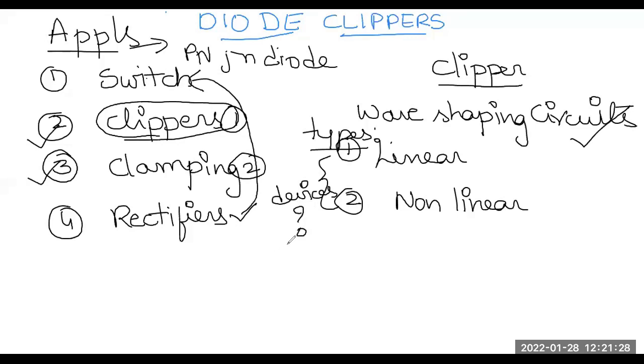It is very simple. If the devices are exhibiting the linear portion of the characteristics, they are called linear devices. If the device is exhibiting non-linear characteristics, we call them non-linear devices. For example, devices which give linear characteristics are capacitors and inductors.